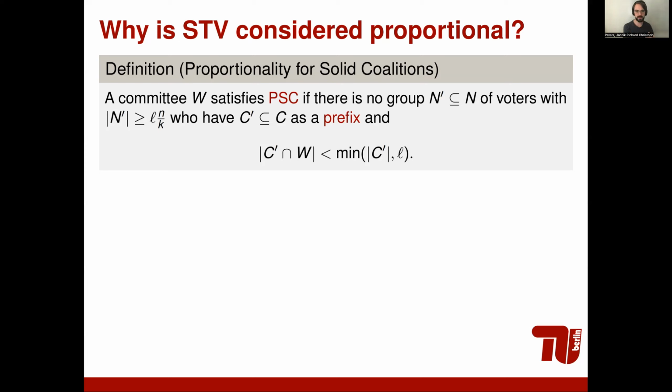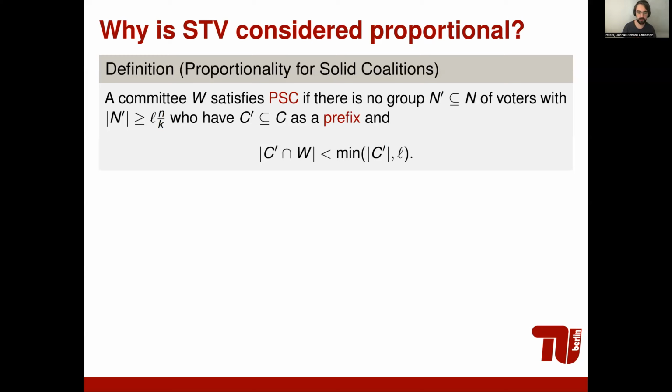A committee satisfies proportionality for solid coalitions if there is no solid coalition, that is, a group of voters who are large enough to deserve L seats. This is L times n divided by k. And who have a common prefix, and prefix here means up to reshuffling of candidates, then this group of voters should have at least L, or if this prefix is not large enough, the entire prefix selected in the committee.